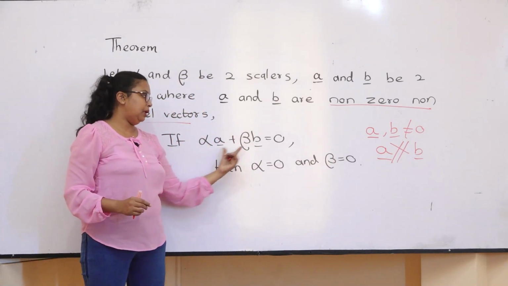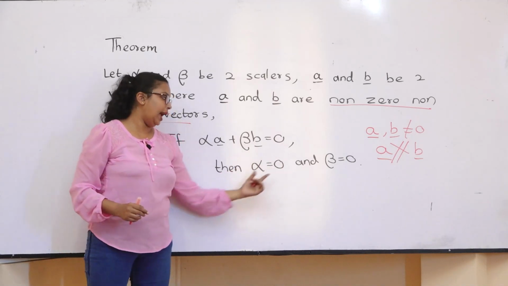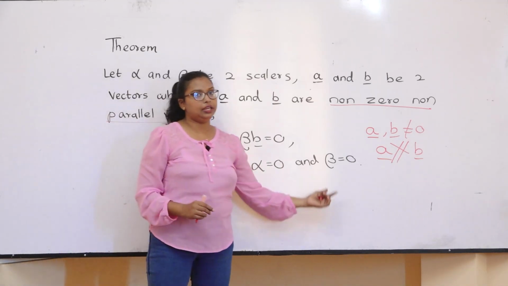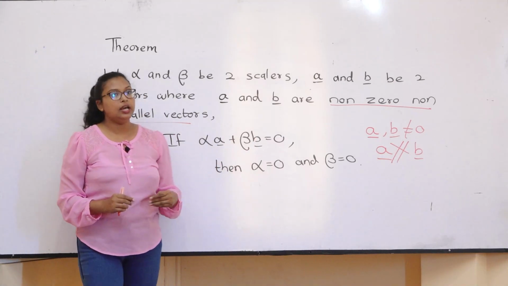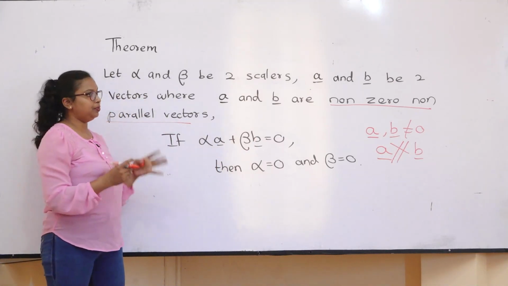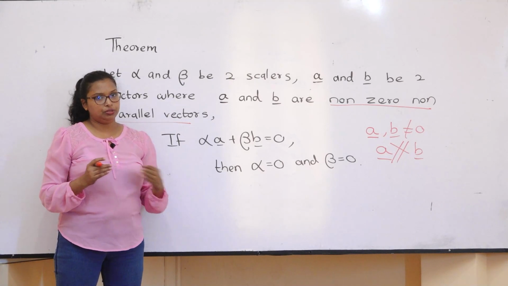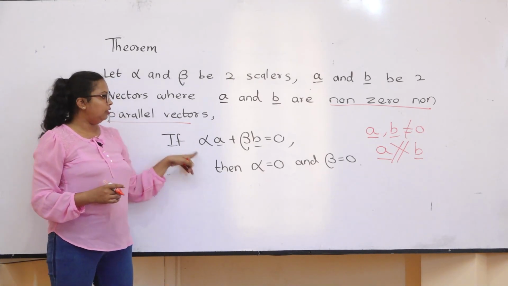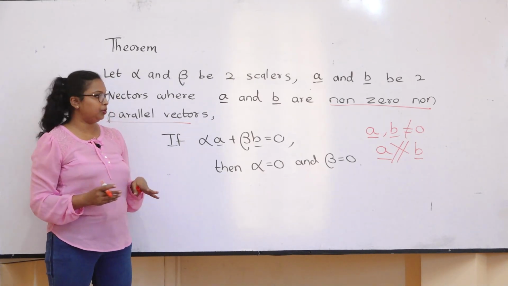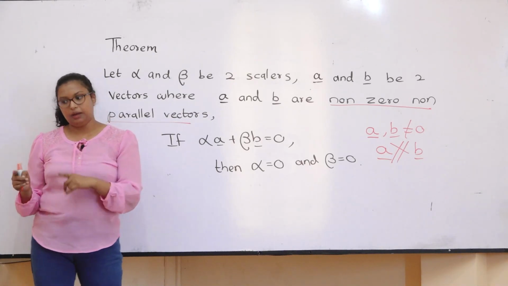Actually, you must know how to prove this theorem, but I am not going to do this as this is a very short video. But you all must know how to prove this for the exam.